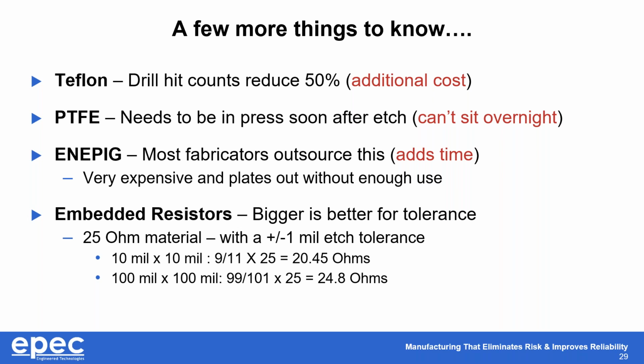But if you look at this example, you basically look at the 10 mil by 10 mil. If we're on the low end of the tolerance on one side and the high end of the tolerance on the other, which means that the pad is now 9 by 11 instead of 10 by 10, you're only going to get 20 ohms. Versus if you got 100 mil by 100 mil and we get the same thing, all of a sudden you're pretty close to what you wanted.